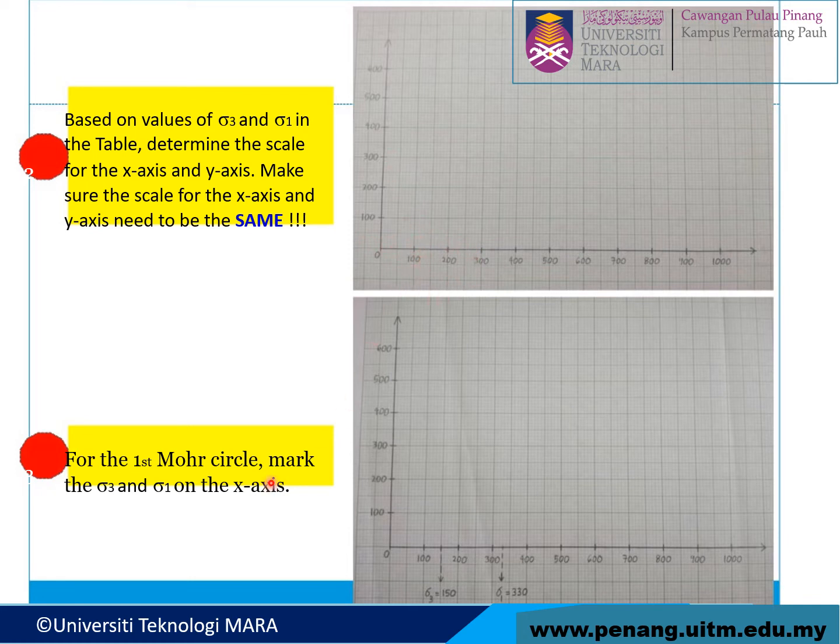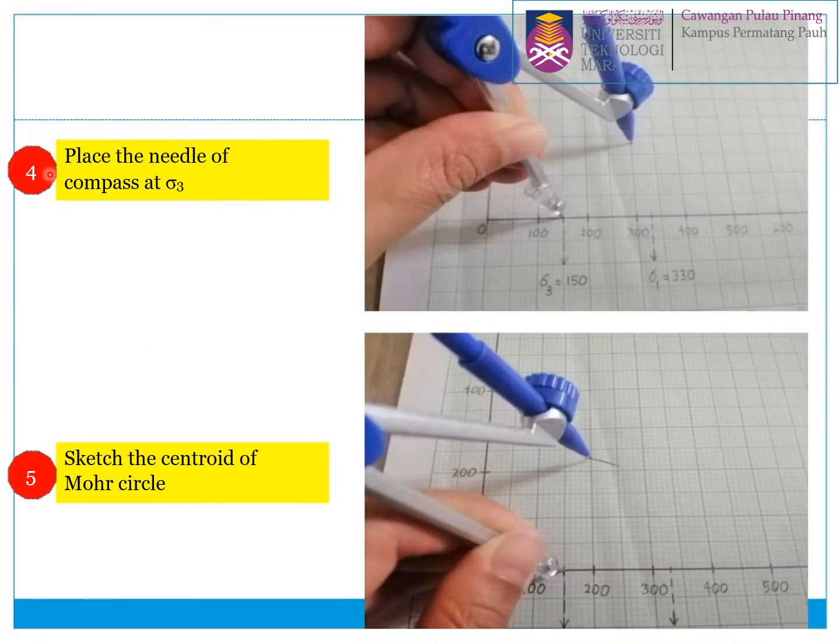For the first Mohr circle, mark sigma 3 and sigma 1 on the x-axis. Sigma 3 is 150 and sigma 1 is 330. We mark the locations, and then we have to find the centroid.